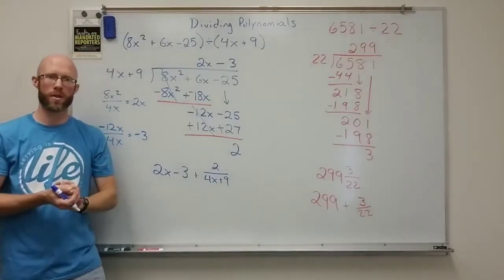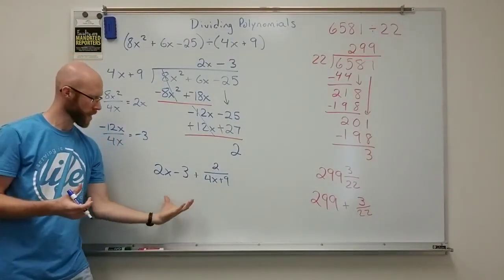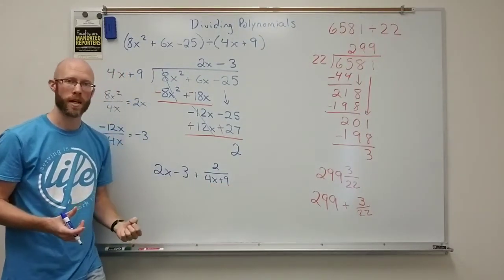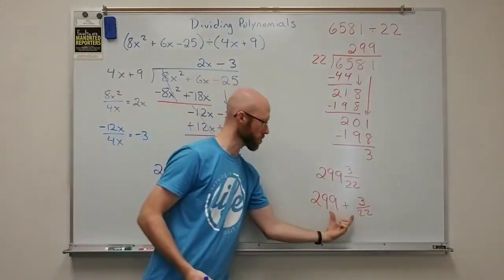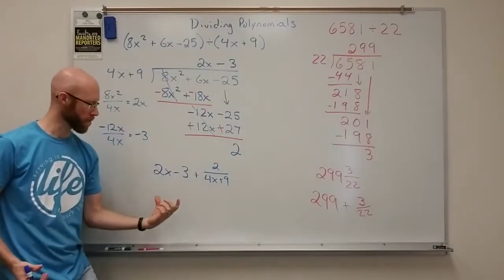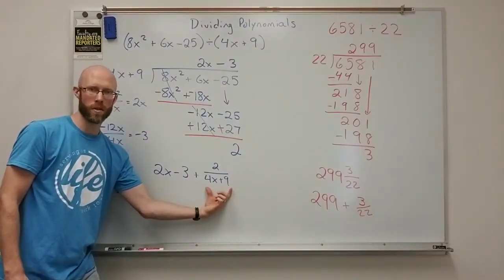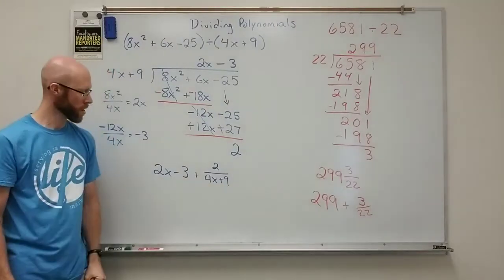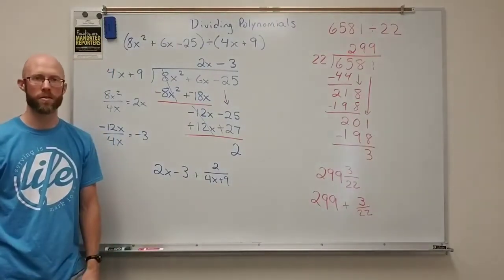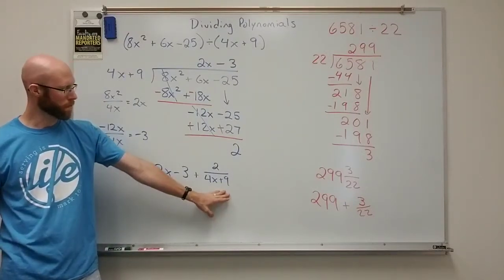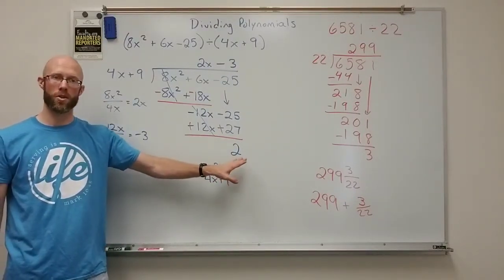And so this is sort of combining the polynomial and rational expression idea. Just like with numbers, you're combining whole numbers and fractions. Here we're combining polynomials and their fraction equivalent, which are rational expressions.